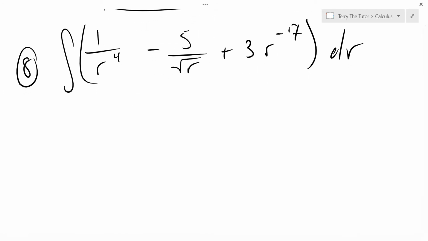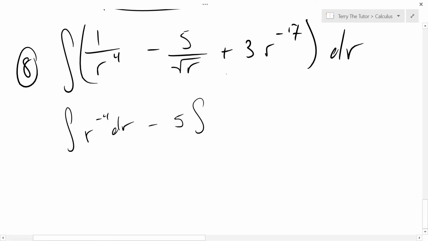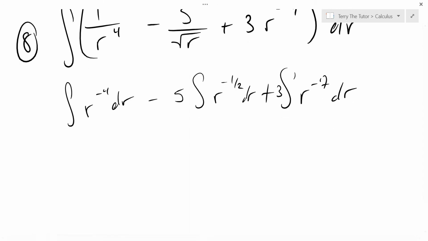So we wind up with the integral of, I'm going to pull up my exponents now, of r to the negative 4 dr minus 5, and I'm going to factor out that 5, r to the negative 1 half dr, plus the integral of, we're going to factor out that 3 r to the negative 7 dr. Awesome.